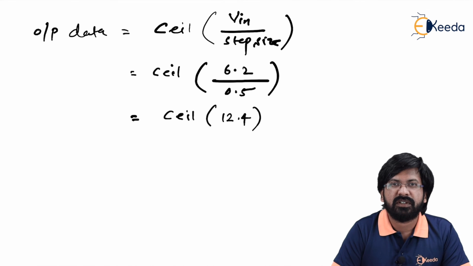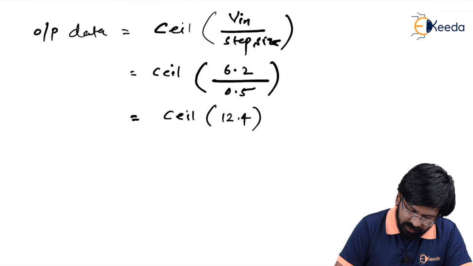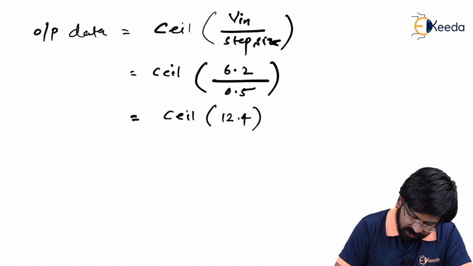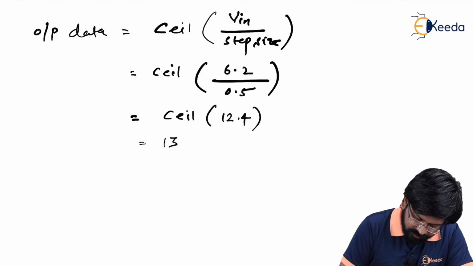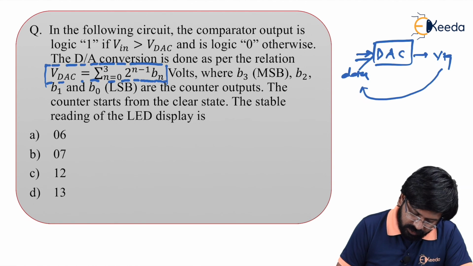So what is the ceiling function for 12.4? 12.4 is a number lying between integers 12 and 13, right? So the ceiling function can be taken as 13 for this. So this is the output data, which is 13.